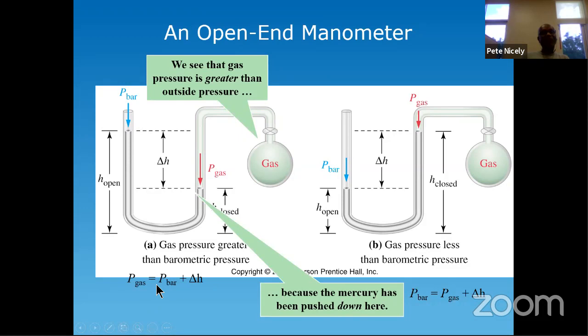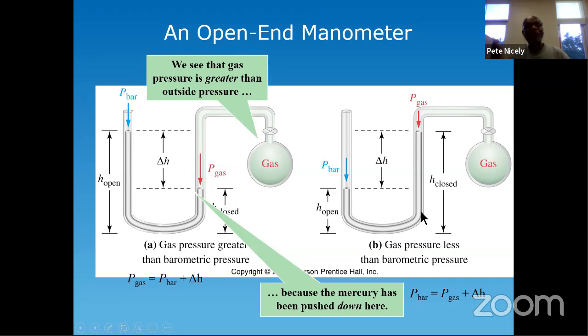The barometric pressure plus the delta H value, which is the height difference between the mercury levels on either side, will be equal to the pressure exerted by the gas, all right? So that's basically how you can calculate the pressure of the gas based on this arrangement right here in the case of an open-ended manometer.